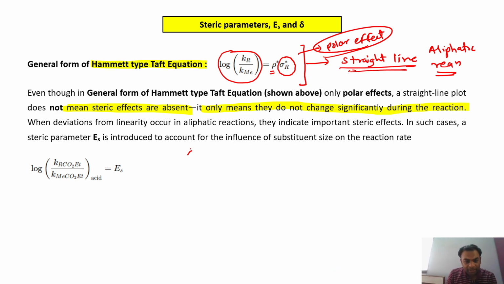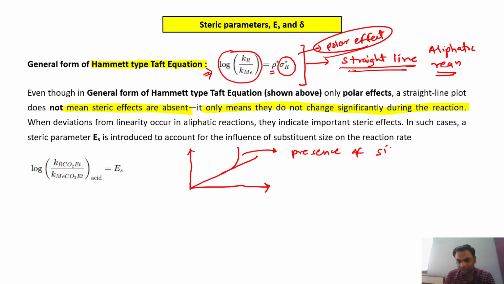But now some aliphatic reactions are there where we use this equation and plot a graph, and this plot shows a departure from the straight line. This departure from the straight line is due to the presence of a significant steric effect.